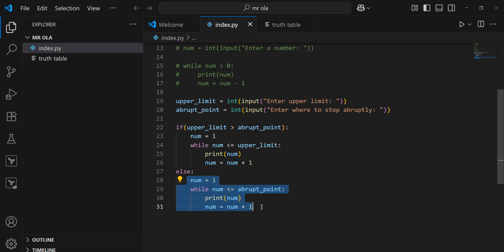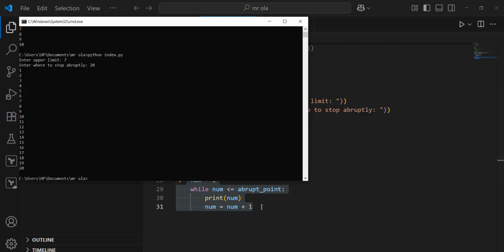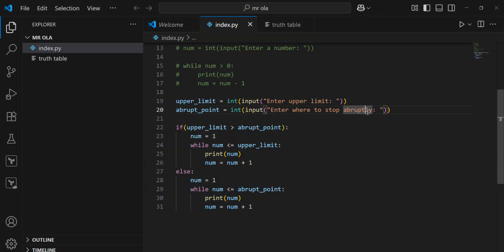So if it is lower, you display from 1 to that abrupt point. So yes, this is working based on the question. Correct. This is not a bug, right? For optimized. Okay.